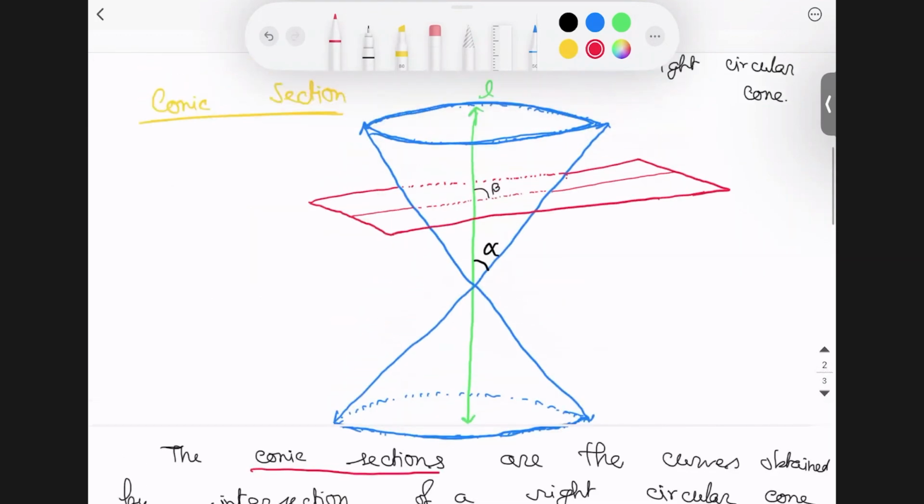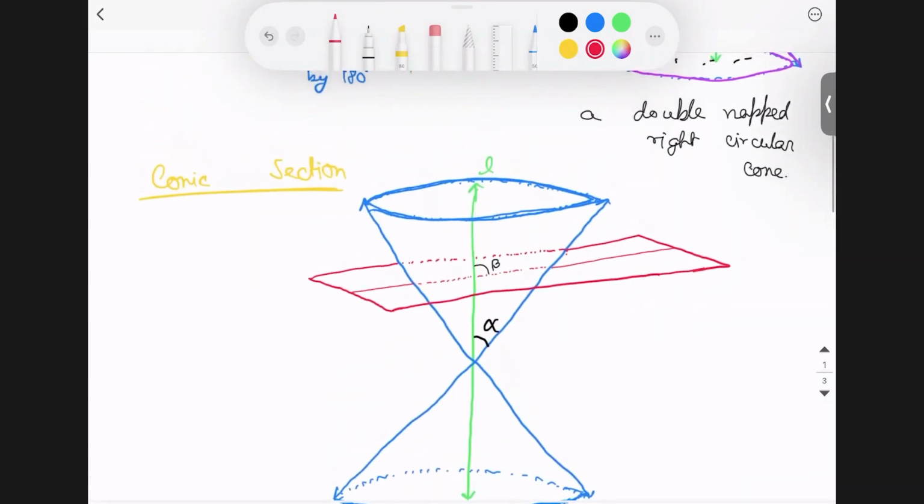Whatever we have discussed here. So what is a conic section then? Here you can see that if this plane cuts this cone, then we can get some kind of figure like this.